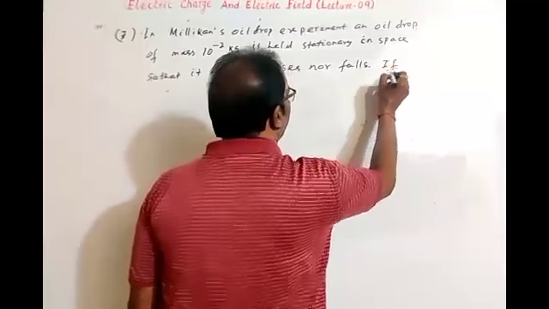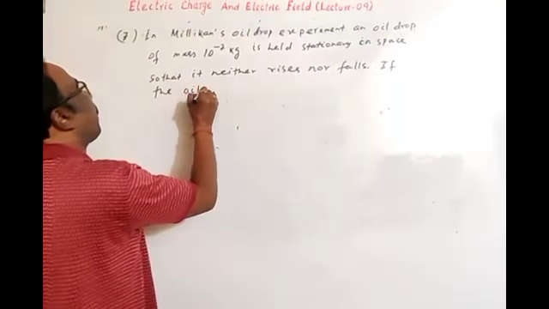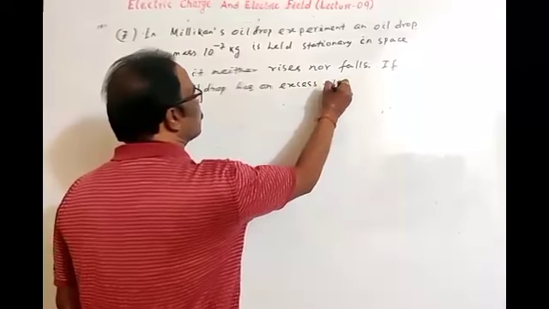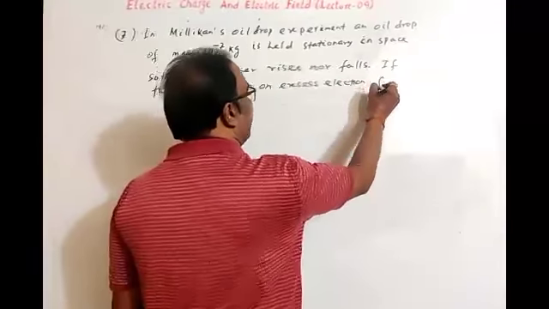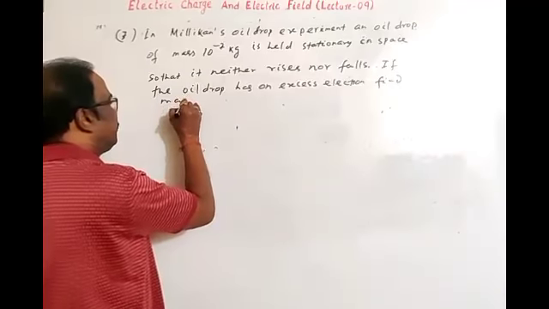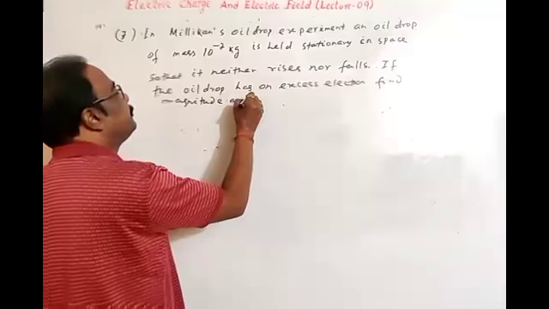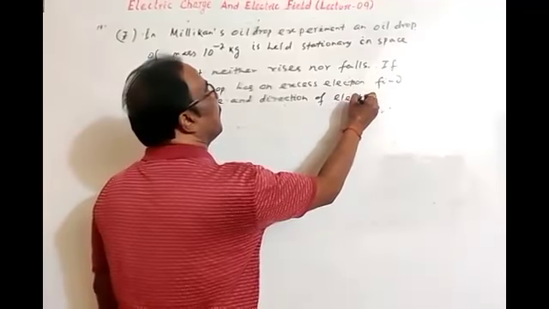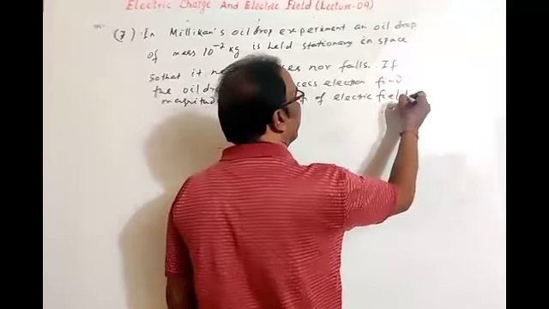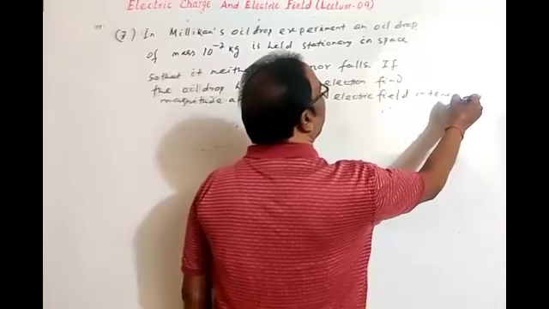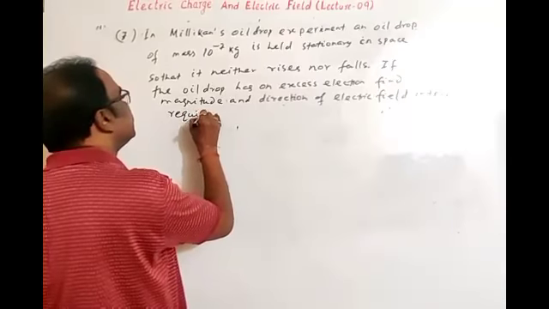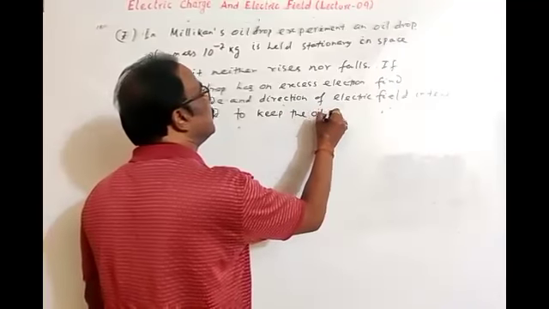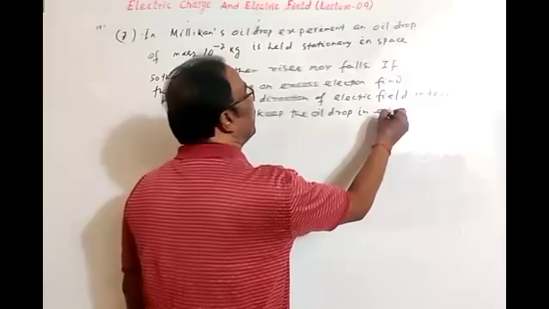If the oil drop has one excess electron, find the magnitude and direction of the electric field intensity required to keep the oil drop in equilibrium.